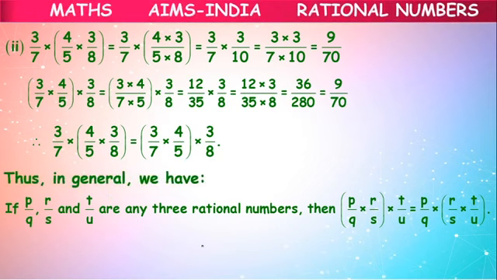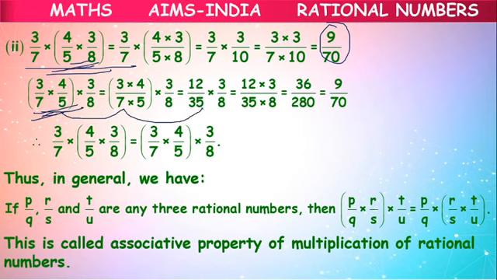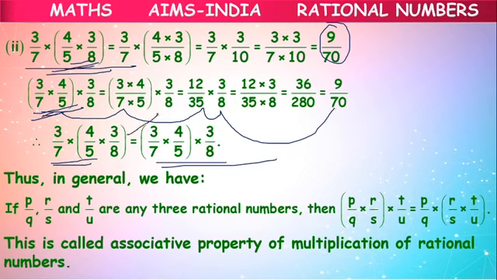You can observe with another example also: 3/7, 4/5, 3/8. The result is 9/70. Here the grouping changes: first and second are grouped together, simplified, then multiplied with the third one. Then also the result is 9/70. Though we have changed the grouping, the result is equal.